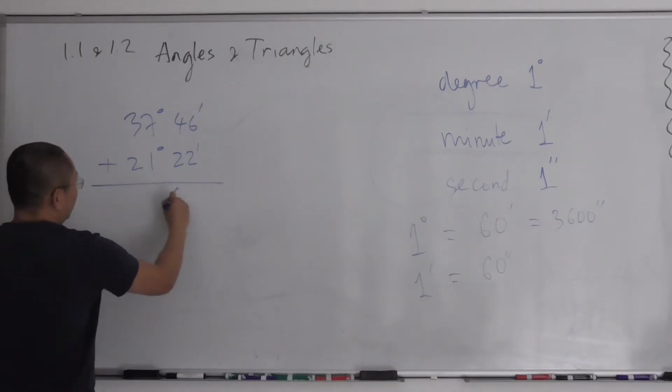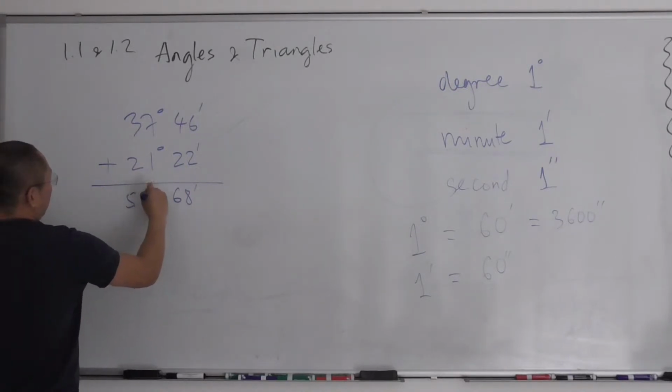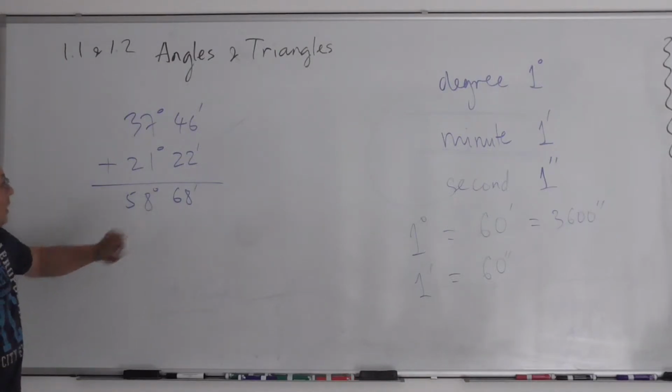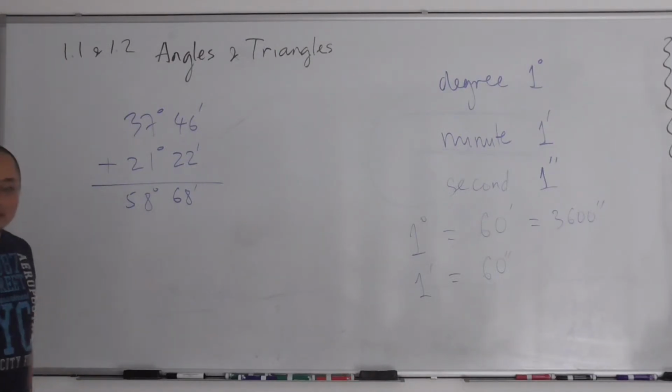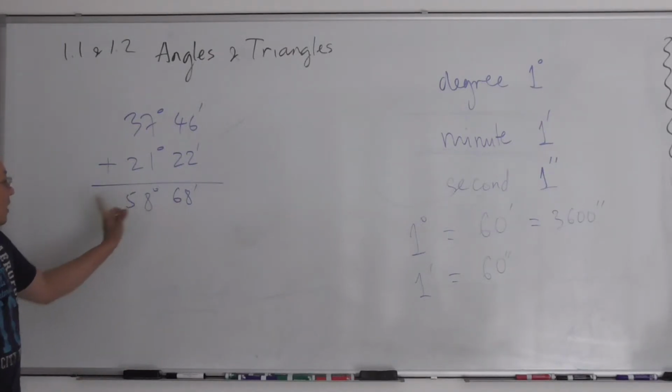This is 68 minutes and this is 58 degrees. And this is correct. However, the minutes right here is more than 60. It means that you can convert the 60 minutes into another degree.